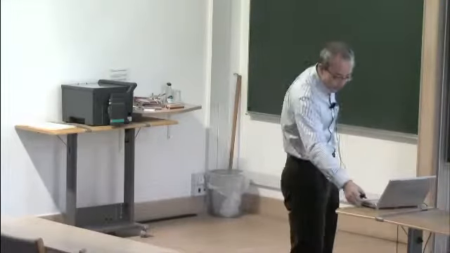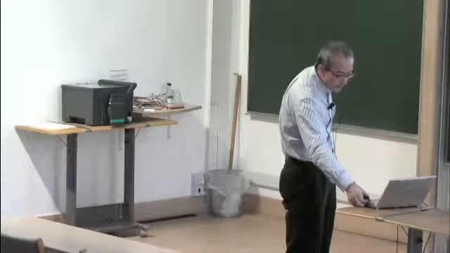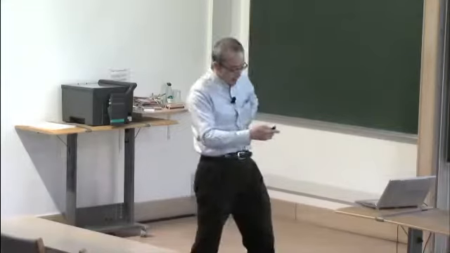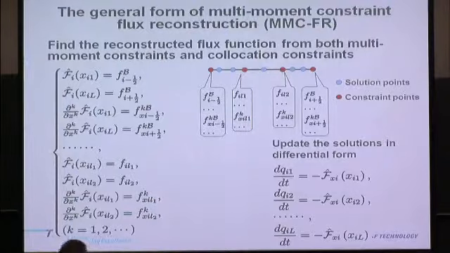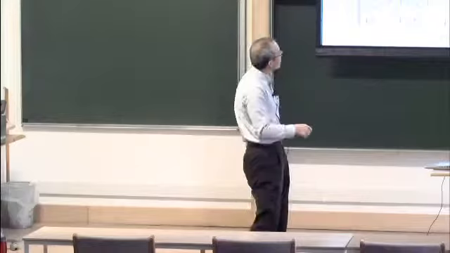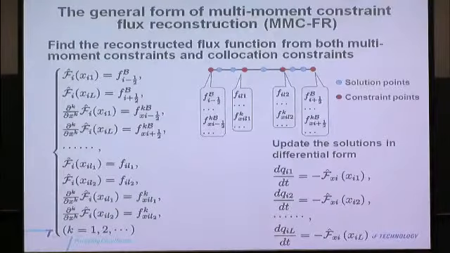So we have to choose among them. This is one of the choices. By this way, you can construct an interpolation function, a modified flux reconstruction. This is the general picture for this formulation. You have information like this, you can choose different kinds of constraint conditions, and finally you get this one.